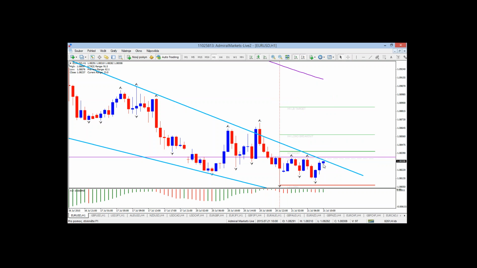So unless it happens 2 hours from now, this is just a time factor rule for myself. Perhaps that would be better explained in tomorrow's webinar in strategy because I don't want to mix too many things up. But a downside break I would only consider from 2 hours from now. An upside break could be considered, preferably within the next 2-3 hours, but it's not as demanding as the downside.